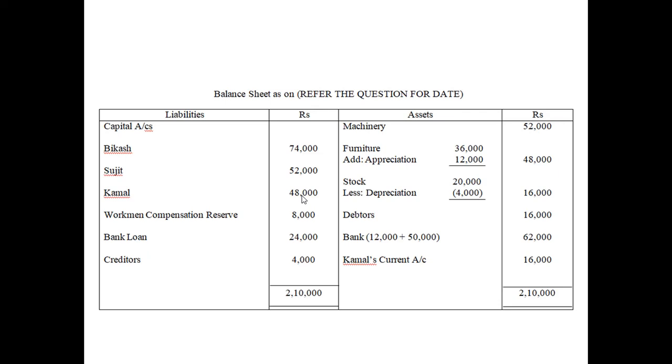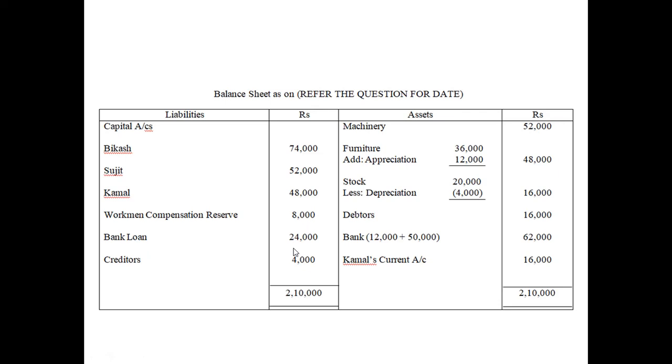And you may have one more question here, that why not this bank loan is to be paid. When we already have 62,000 in our bank, why not we pay this bank loan? See, in this question, there is no information regarding the bank loan.